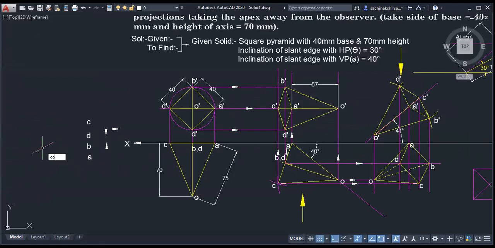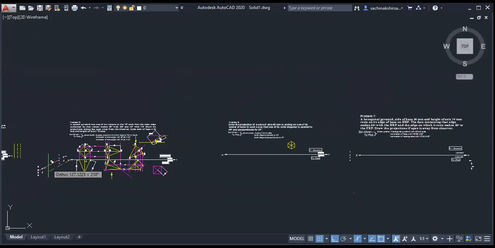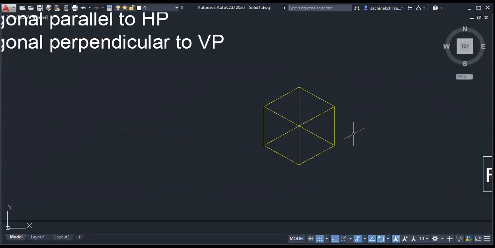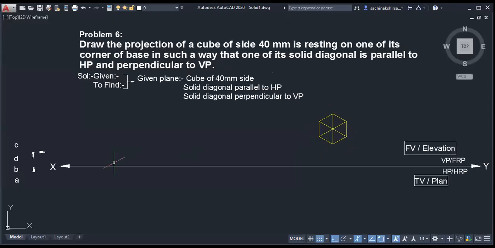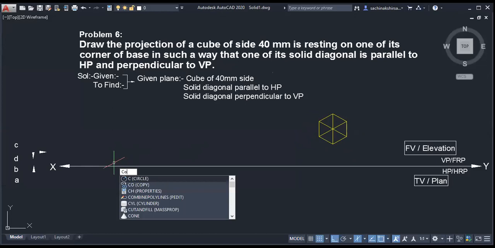I will draw a cube here. So one cube I have drawn here. Are you getting that cube I have drawn?